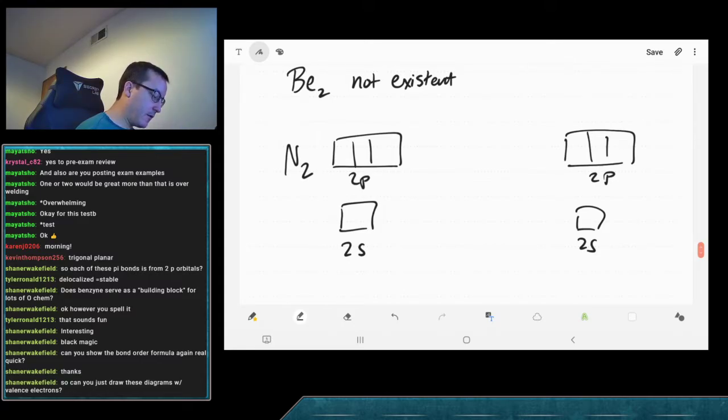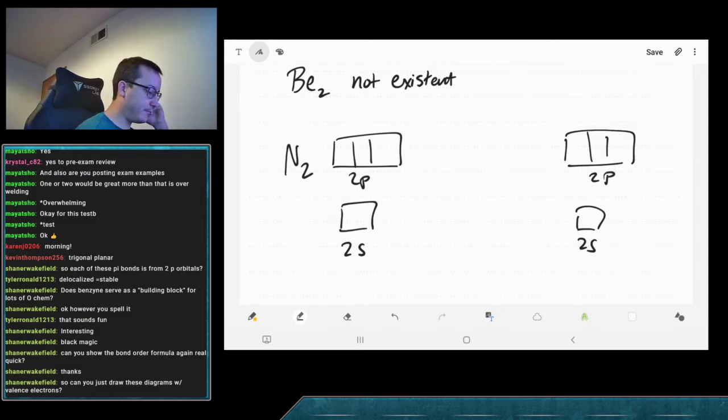Do I want to draw it this way? Yes, exactly. You would only work with valence electrons because it's just ugly otherwise. Let's see if there's going to be a nice picture of this online somewhere. I'm not really seeing that.